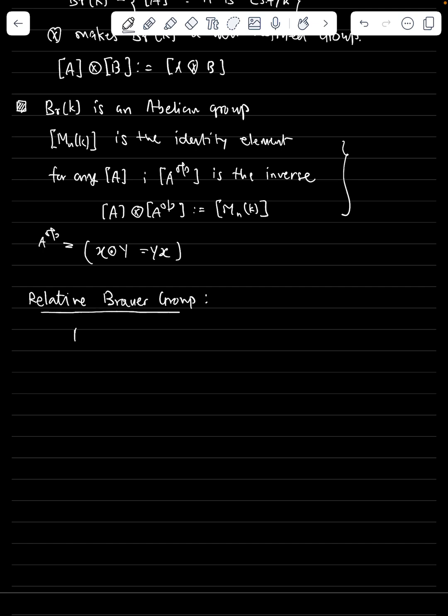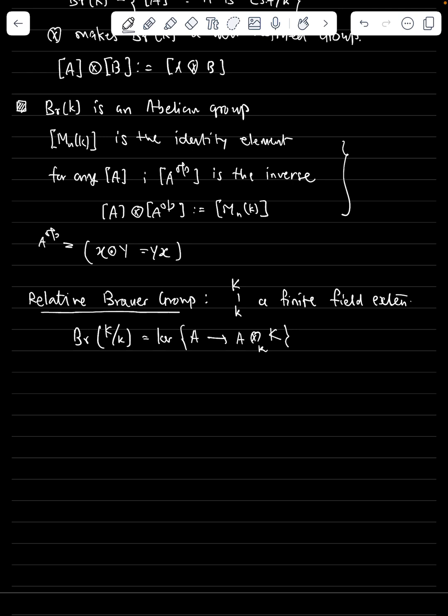This means what? You take two finite field extensions, and you define this as the kernel of this map A going to A tensor L. So this means what?